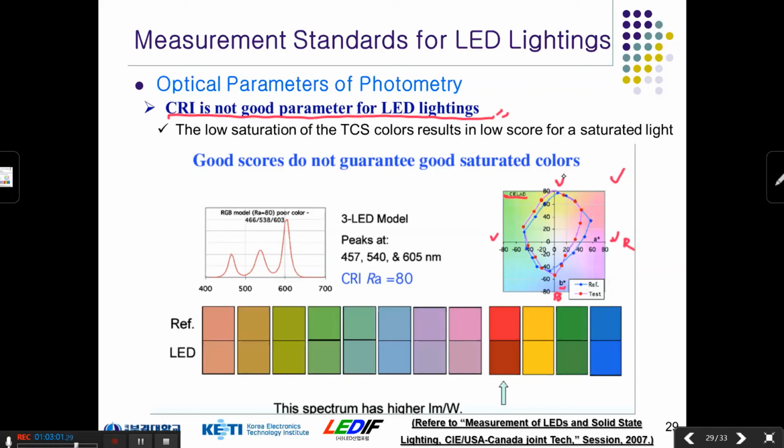So red, yellow, green, blue. The higher the number, the clearer the TCS colors. Here, red is dominant.